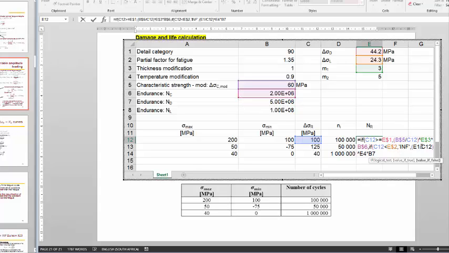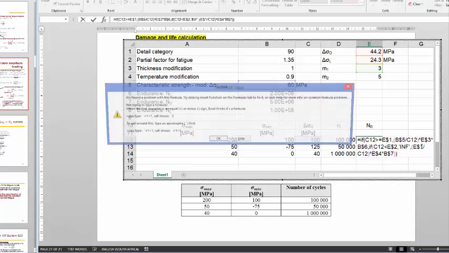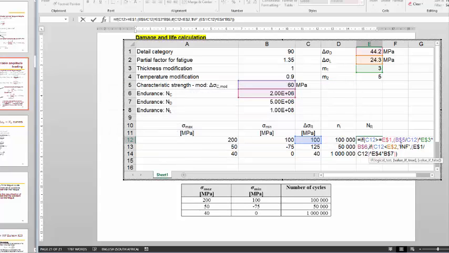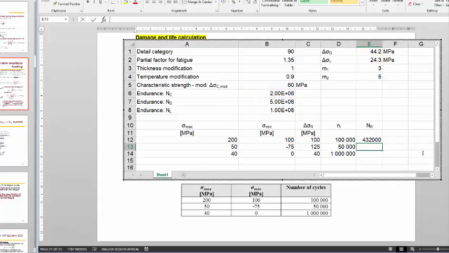E1 is a value that's not moving, C2 is the stress, C12, and B7 is number of cycles. That closes that if statement, and that closes that if statement, and we see that we might have a problem here. It wants it to be written like that, and there we have it.